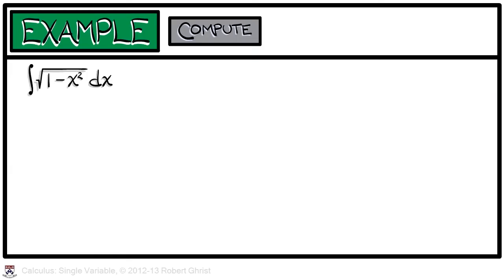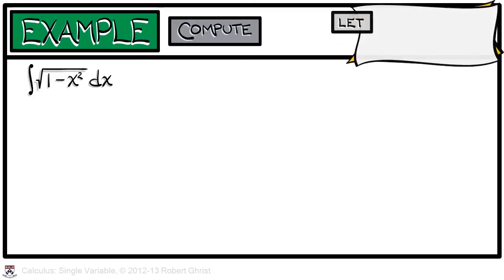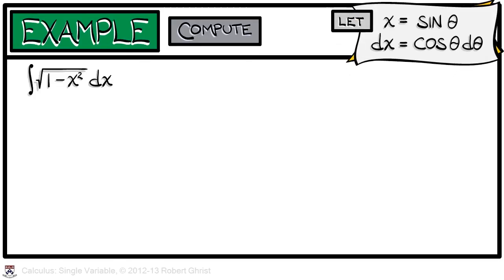Let's compute some examples. Consider the integral of the square root of 1 minus x squared dx. Let's substitute for x the function sine theta, so that dx is cosine theta d theta. This yields the integral of the square root of 1 minus sine squared theta times cosine theta d theta.